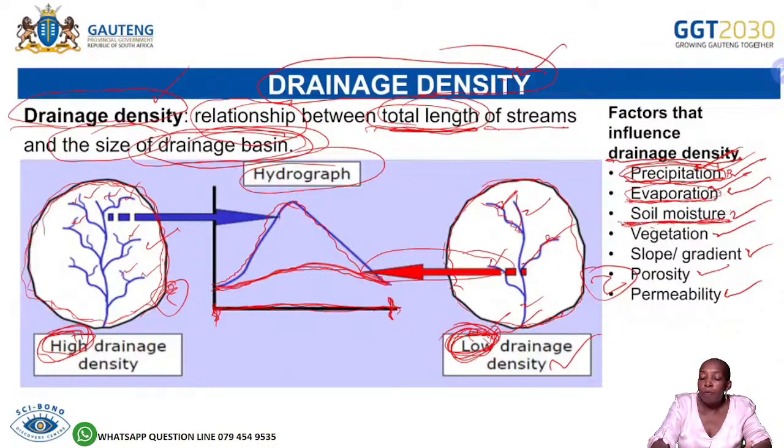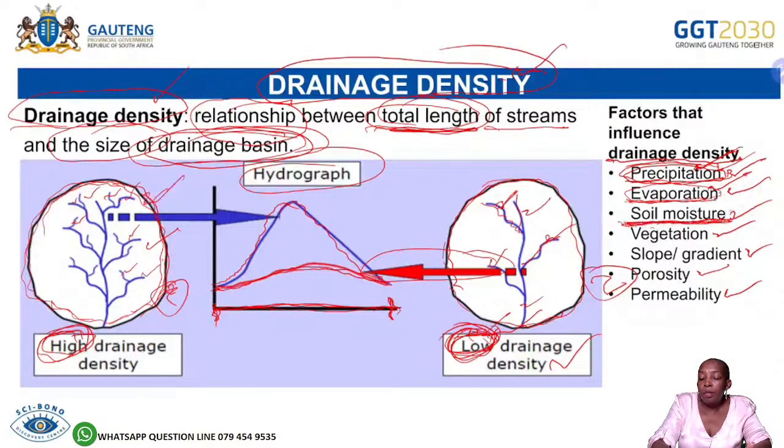Therefore soils that are moist would have higher drainage density, because it would mean that there would be more surface water that we can identify than on soil that is dry.